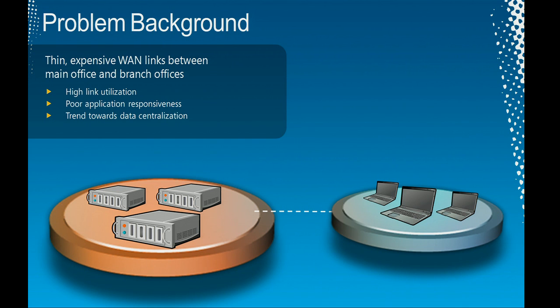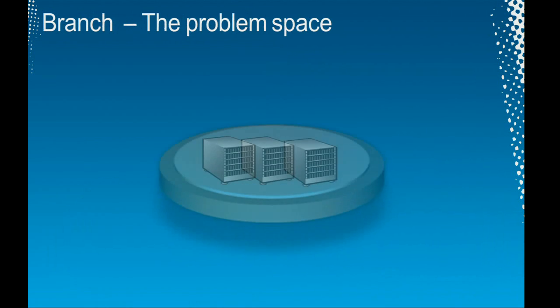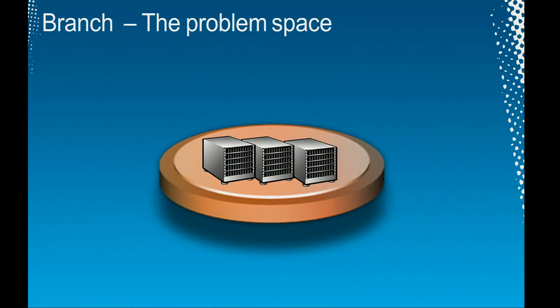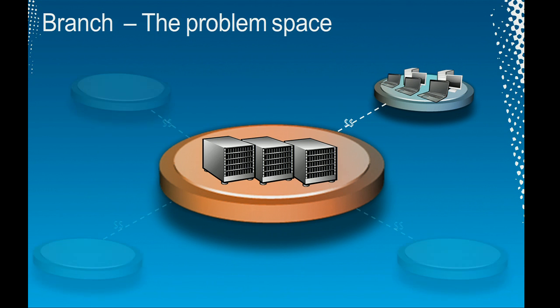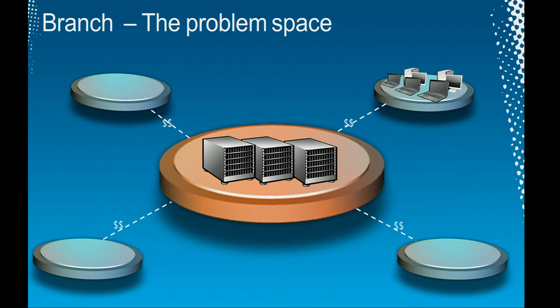This is fine if you have one branch, but organizations are still growing. They might have more than one branch. As they grow, WAN link costs start adding up. You add a branch, you add another, and each one of these WAN links has a cost. What we're trying to do is help you manage those costs with a platform. The platform is Windows Server 2008 R2, and there's a feature in there called BranchCache.